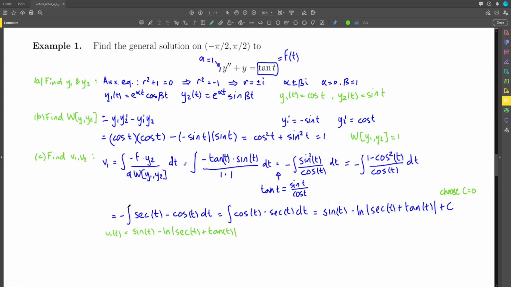And now we can find V2. V2 we can find by integrating f times y1 over a times the Wronskian of y1 and y2.